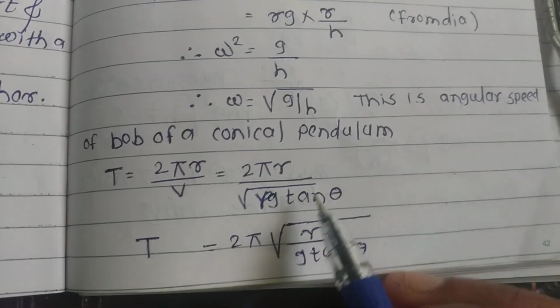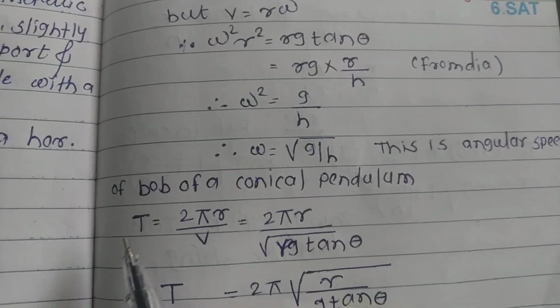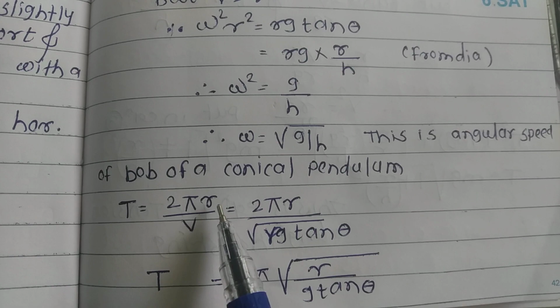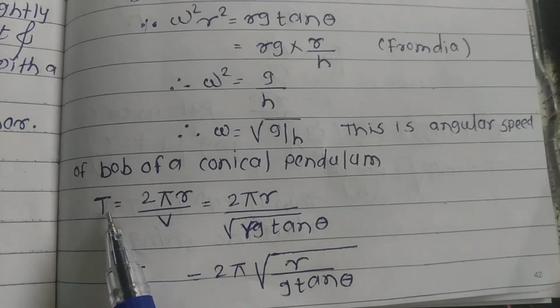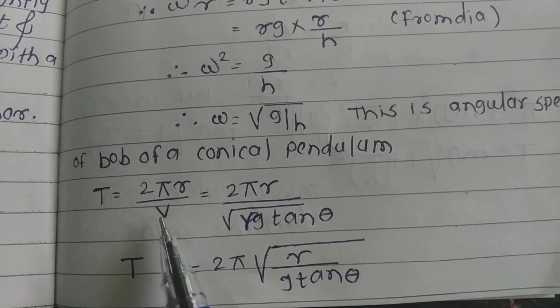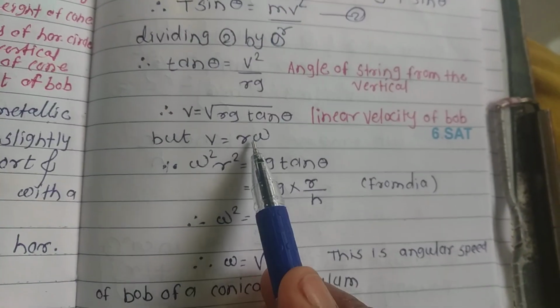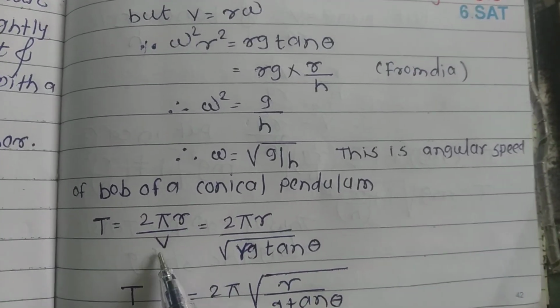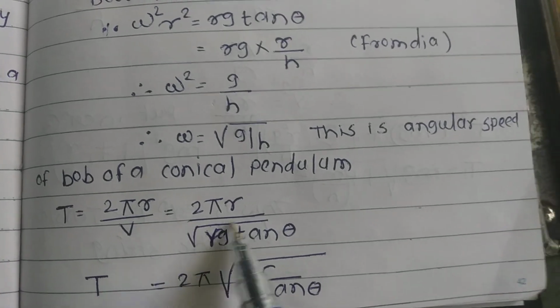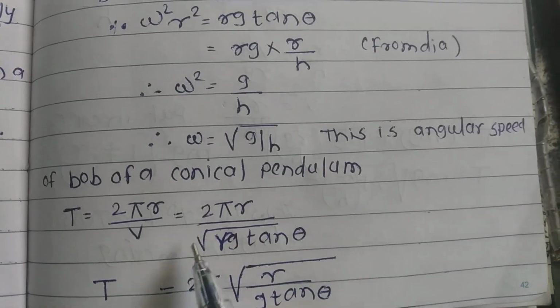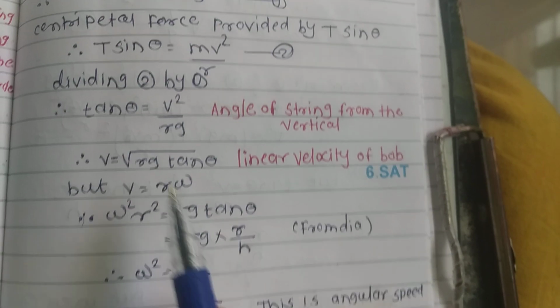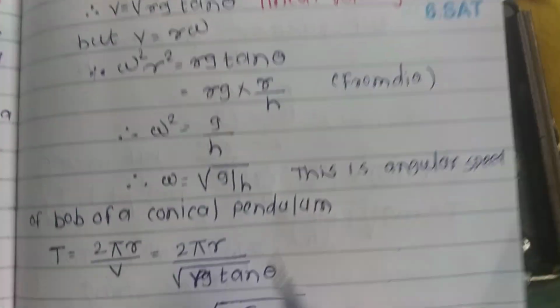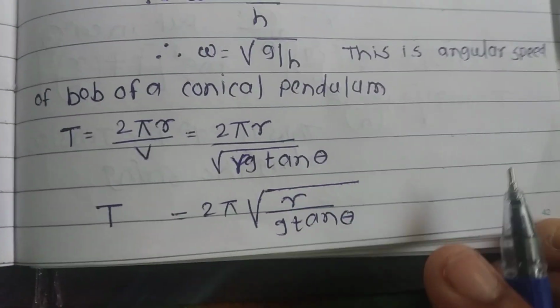Okay, now we have to find the period. We know T is equal to 2 pi upon omega. Putting the value of omega, T is equal to 2 pi r upon v is equal to 2 pi r divided by under root rg tan theta. We are putting here the value of the linear velocity, so we have to simplify that equation.